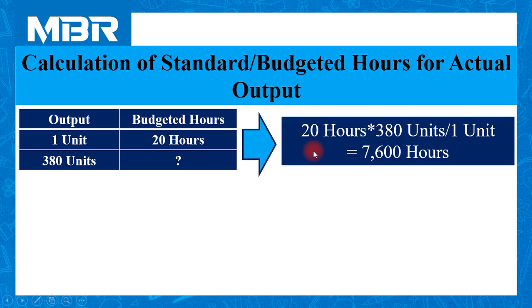So we need to change our standard time for those 380 units. So 7,600 hours. Now we have all four important pieces of information that we need for the calculation of all variable overhead variances.